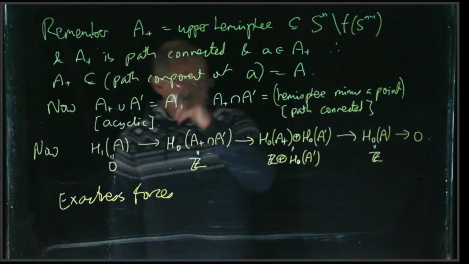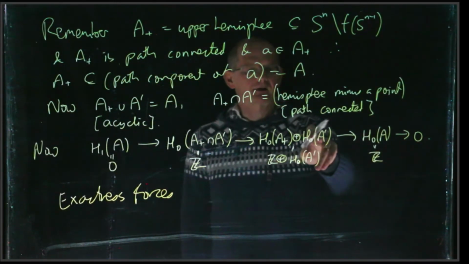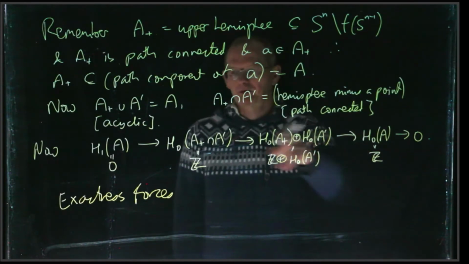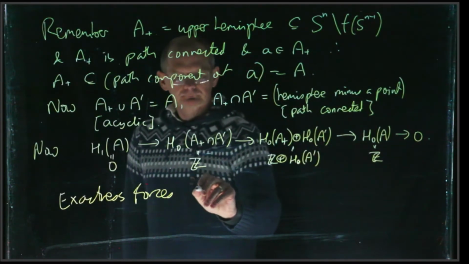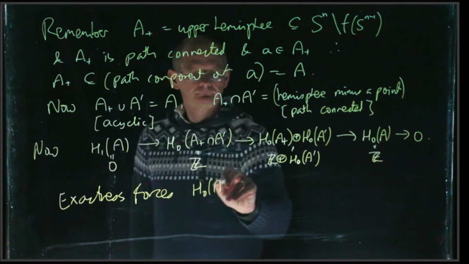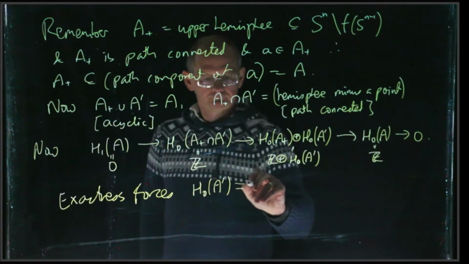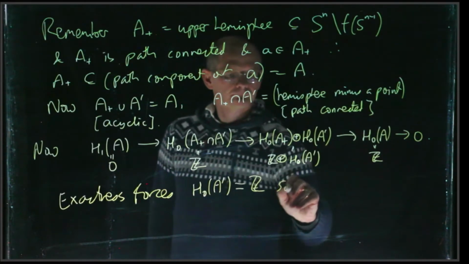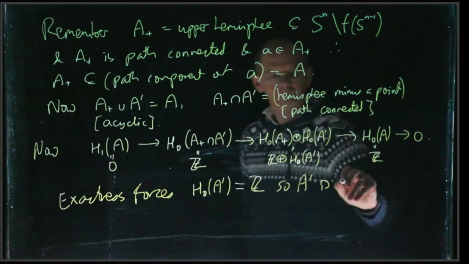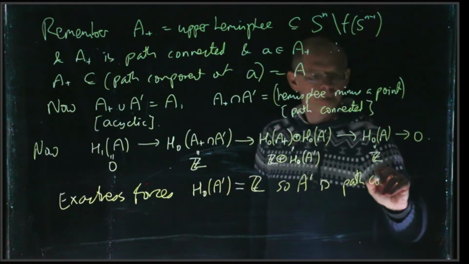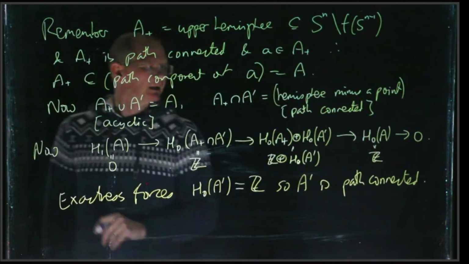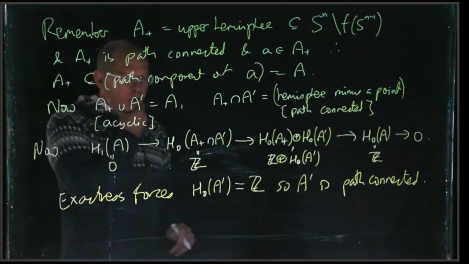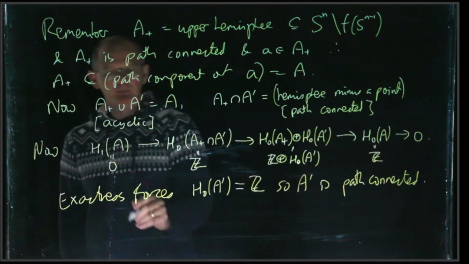So yes, exactness. If A prime wasn't connected, you'd have several Z's here, and it wouldn't be possible for this to be exact. So this A prime is path connected.